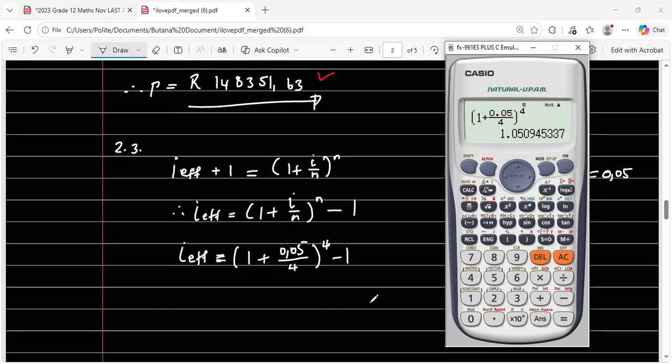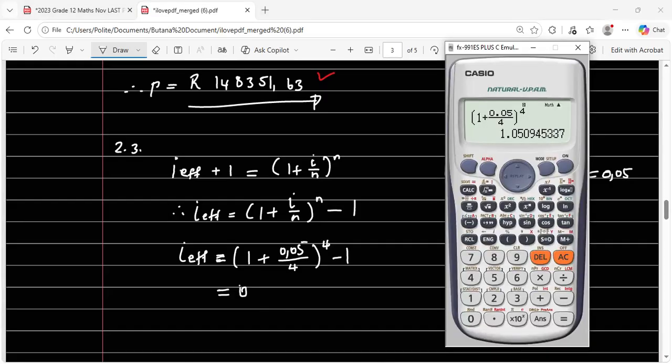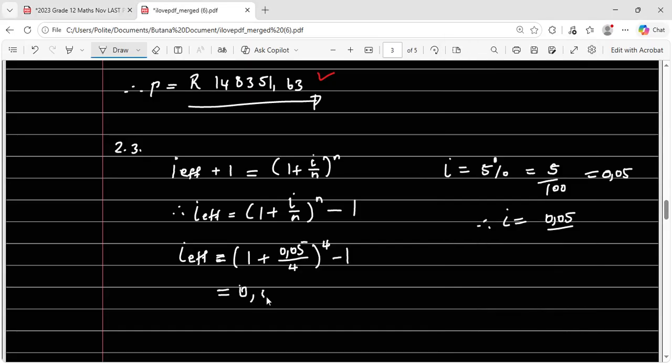So the i effective is 1.05 something. But remember, we forgot to minus 1 there. 1 plus 0.05 over 4 to the power 4, minus 1 equals 0.05 something something.